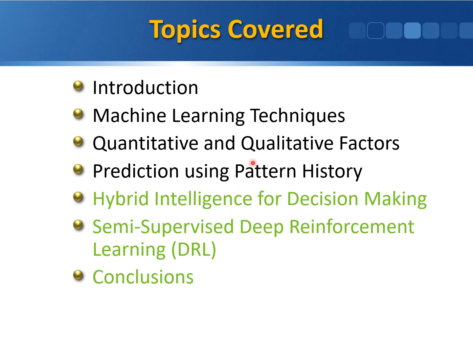But in case we have to introduce qualitative factors into quantitative factors, then how to integrate this into an intelligent system, we have to look at it. Usually we have to look at hybrid intelligence techniques, because decision making is based on two important factors, quantitative and qualitative both.